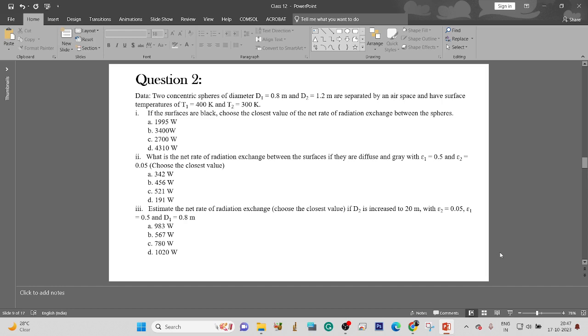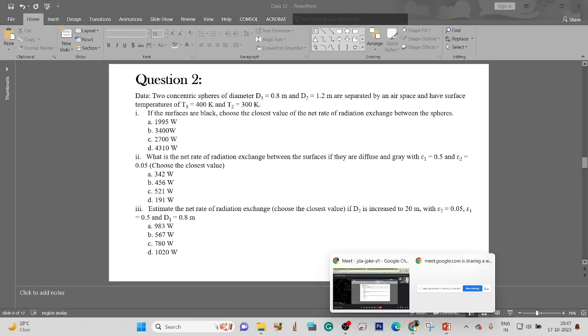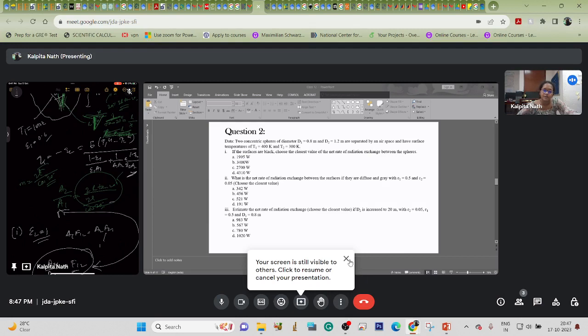For the third case, the net rate of radiation heat exchange, just the diameter will be increased, so we can calculate that as well. Emissivities are already given, so I'll give you 5 minutes for solving this, and then we'll proceed to the solution.